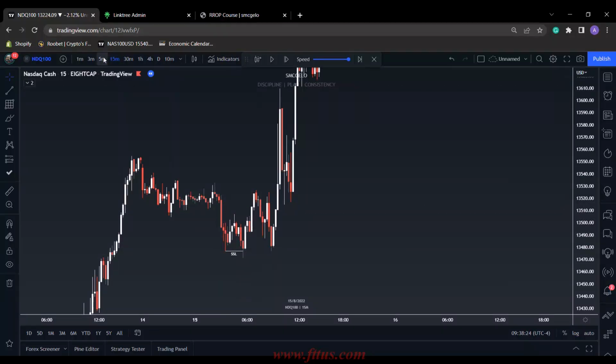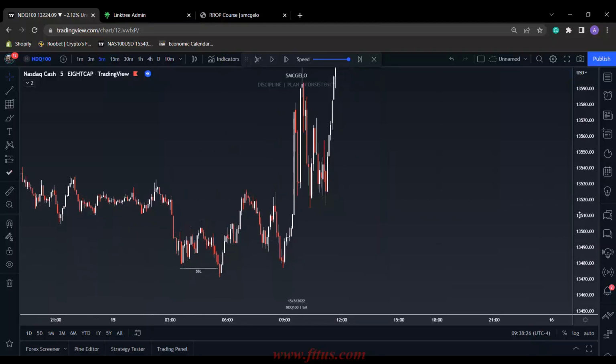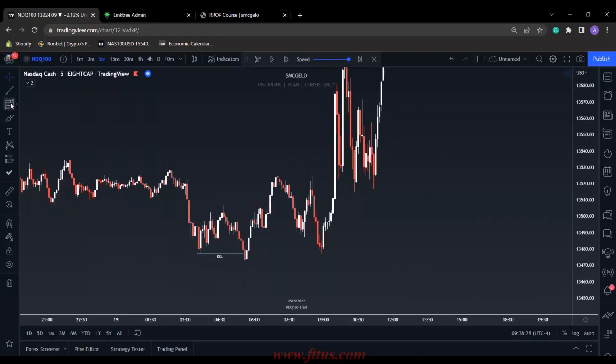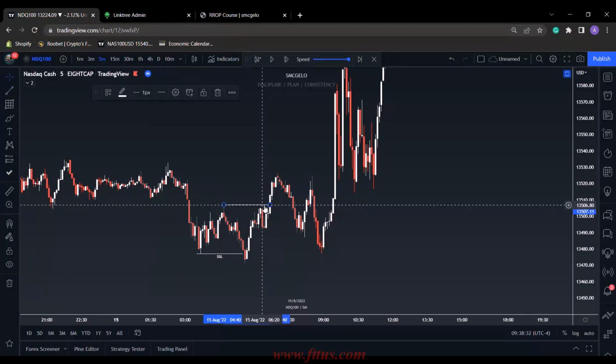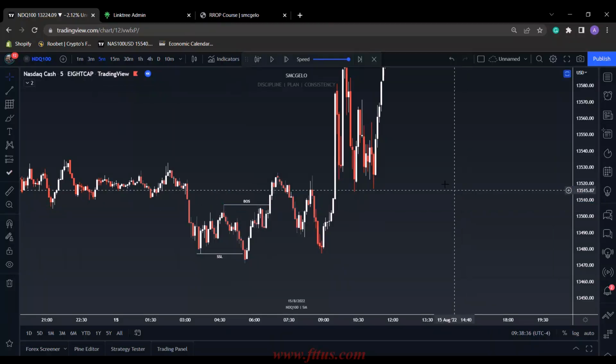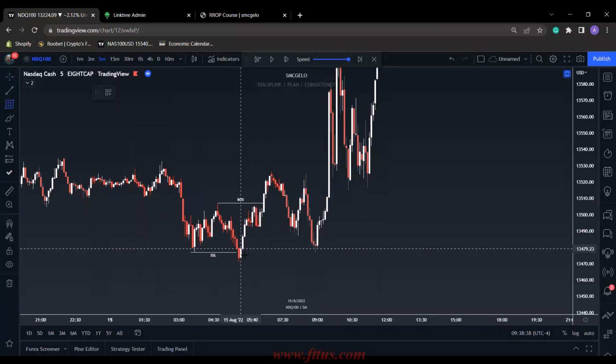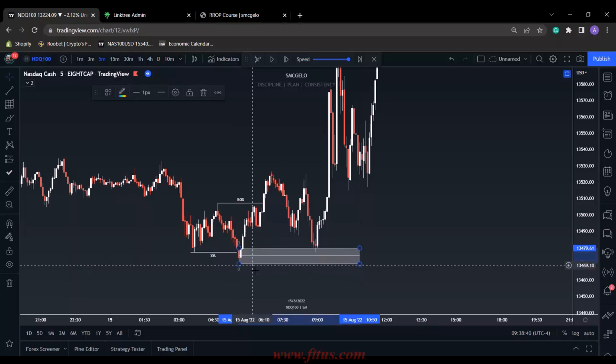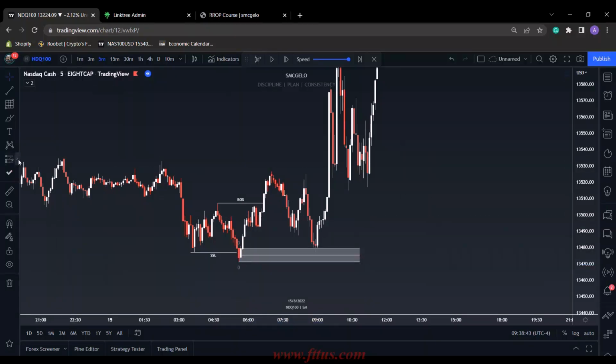Okay, the first demand zone was formed on the 5-minute. So if you look on the lower time frame, on the 5-minute, we had the break of structure, right? And we also had our demand zone right here. Boom. Okay, so where do we want to enter?